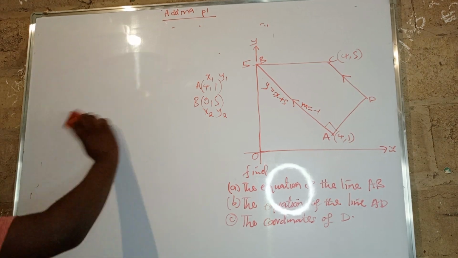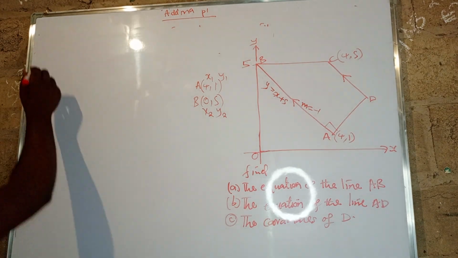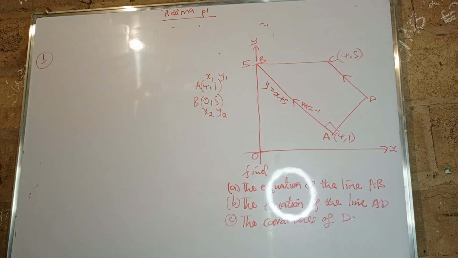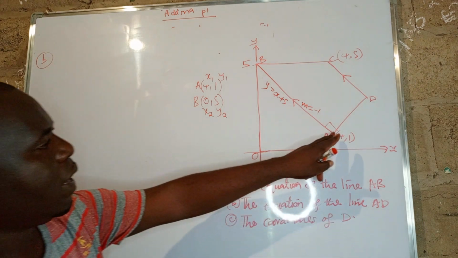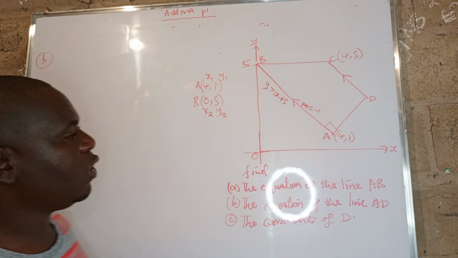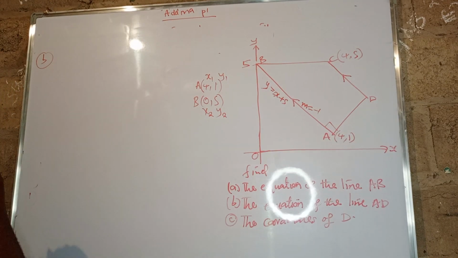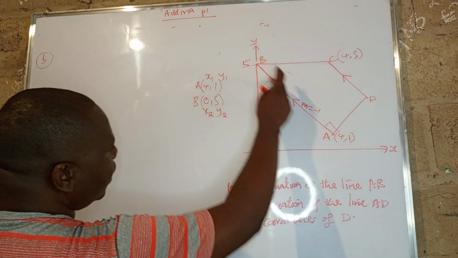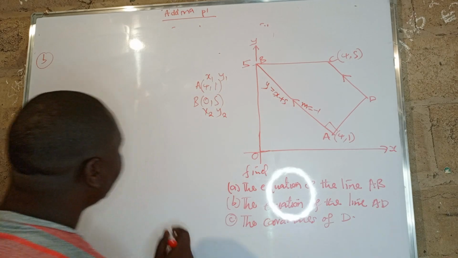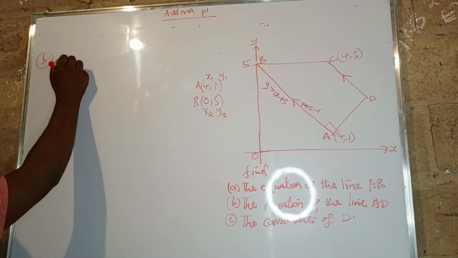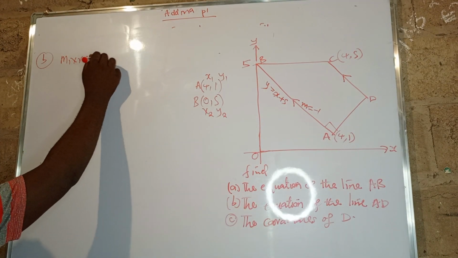So I need to find first the gradient. I know that this gradient and this gradient are perpendicular to each other, so M1 times M2 is equal to negative 1.